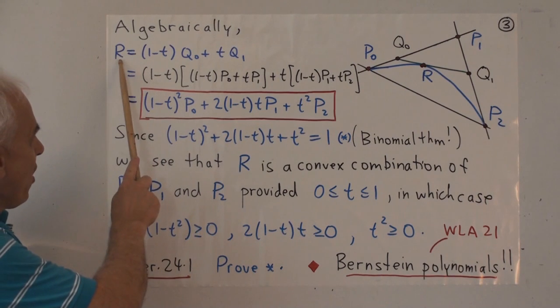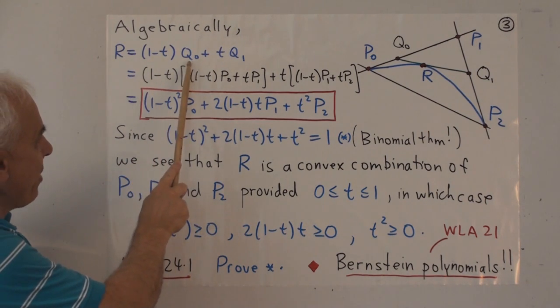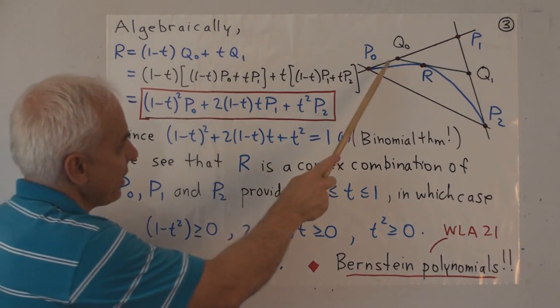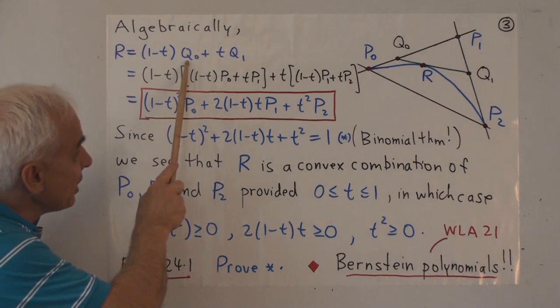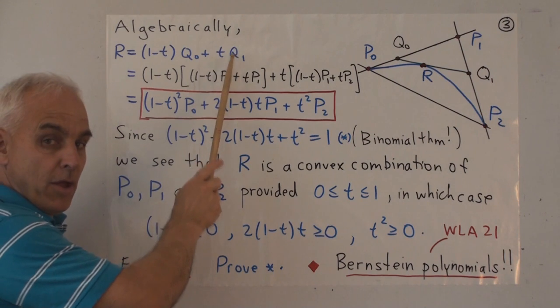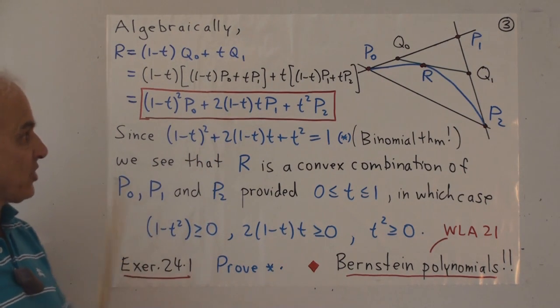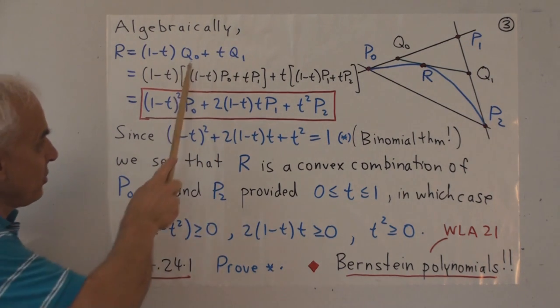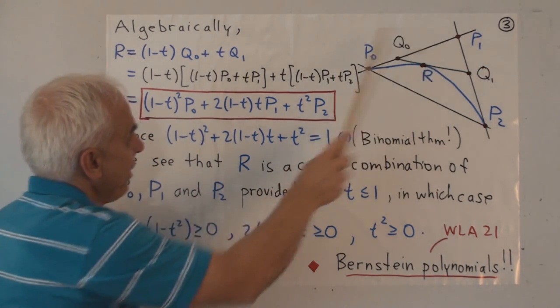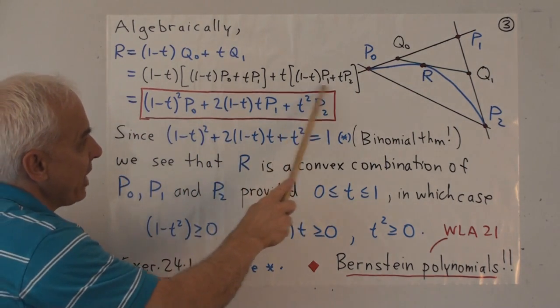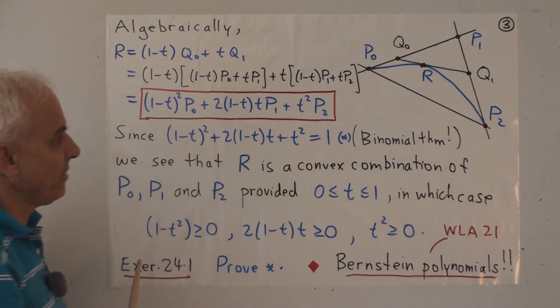So here's our formula for R as a convex combination of Q0 and Q1, and I've repeated the diagram here. Now remember, Q0 and Q1 were themselves convex combinations. Q0 was a convex combination of P0 and P1, and Q1 was a convex combination of P1 and P2.